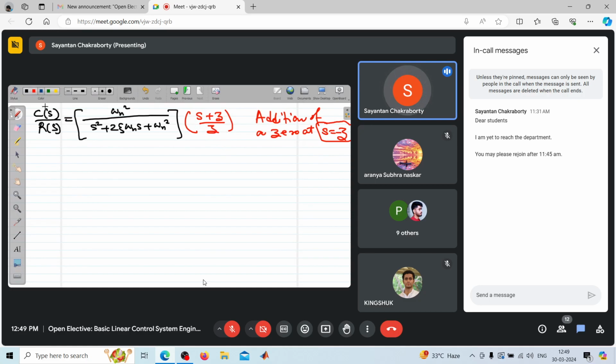So from that you can write down your C(s) by R(s) as omega n square (s plus z) by z (s square plus 2 zeta omega n s plus omega n square). I'll just factorize it simply. So it is omega n square by (s square plus 2 zeta omega n s plus omega n square) plus s by z times the same factor.